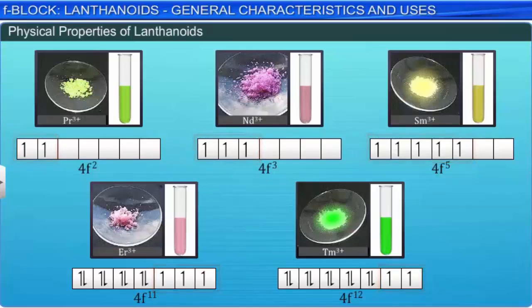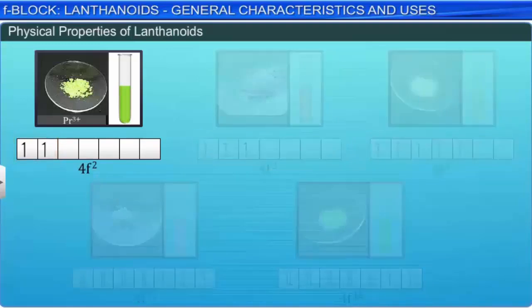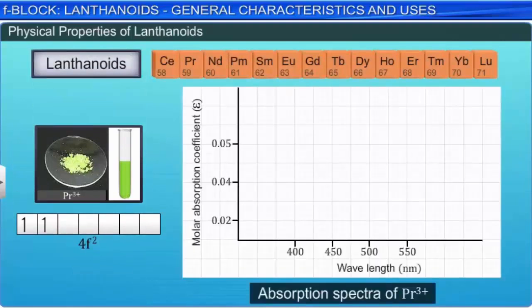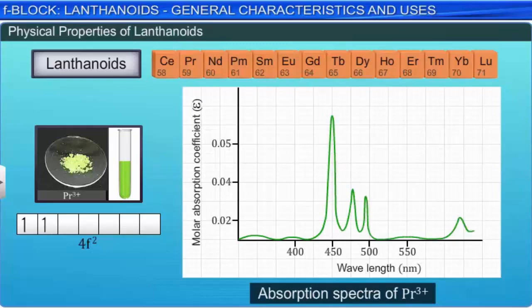The absorption spectra of the compounds of trivalent lanthanoid ions show a very sharp line band in the UV visible or near infrared region. These bands are due to internal electron transitions in the partly filled 4f shell and are called f to f transitions.